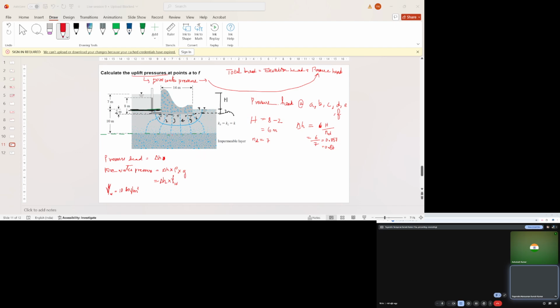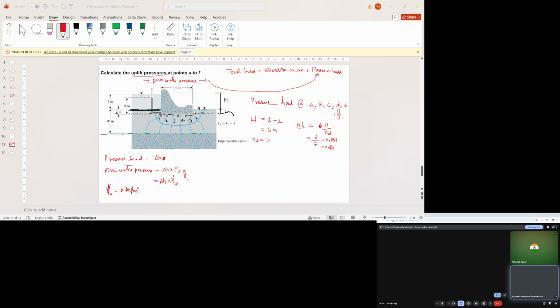Are you understanding what I'm saying? At the first point, the head is going to be 8 meters. At the first drop, it is 1 into the head loss. For one drop, the head loss is 0.86.